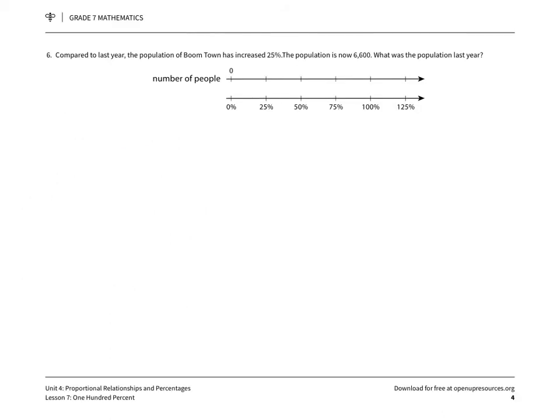And I thought that one was the last one, but it is not. Here's the last one. Compared to last year, the population of Boomtown has increased by 25%. The population is now 6,600. Well, let's see, the population now is 6,600. How many increments am I dividing this into?